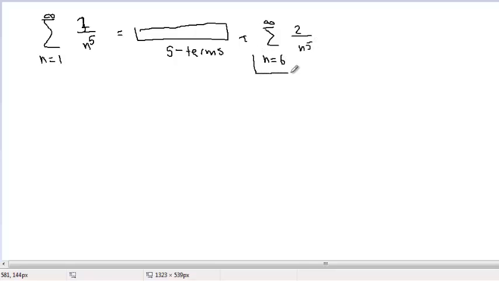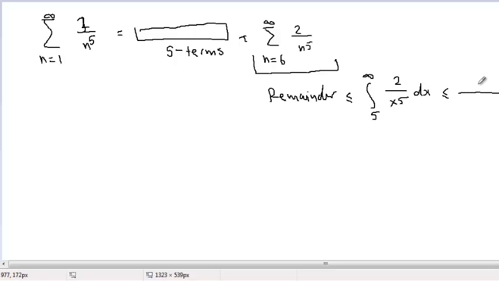And we notice that here this remainder term is smaller than the improper integral from 5 to infinity, 2 over x to the 5th dx, and we notice that this improper integral is smaller than 1/1000. So that means if I want to find an approximate value of this sum within 3 decimal places, it is enough to look at the sum of these 5 terms.